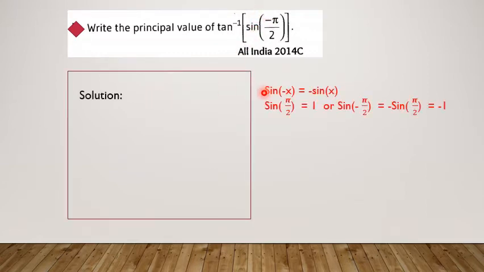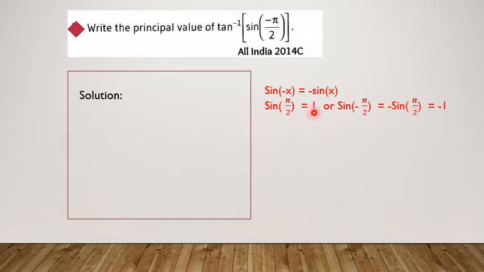We know that sine of minus x is minus sine x. Also, the value of sine pi by 2 is 1. Then what is sine of minus pi by 2? The minus sign we can take outside, so sine of minus pi by 2 equals minus sine pi by 2.